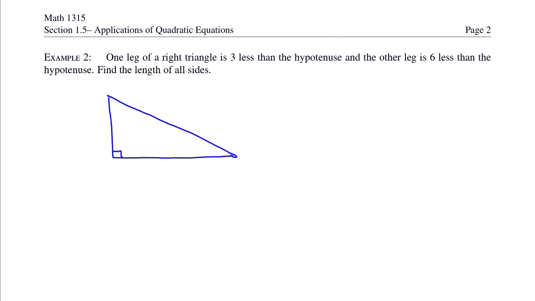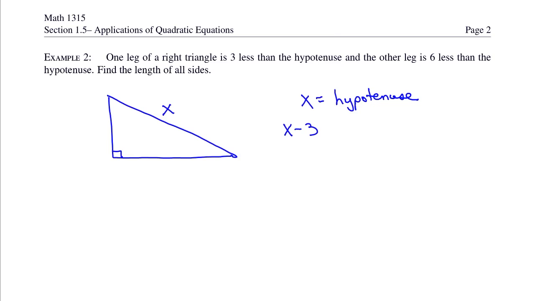We know that the two legs are both based on the hypotenuse. One leg is 3 less than the hypotenuse. The other leg is 6 less than the hypotenuse. So it makes sense to declare the variable x to be the length of the hypotenuse. We'll add that to our picture. Next, one of the legs is 3 less than the hypotenuse, so that's x minus 3.